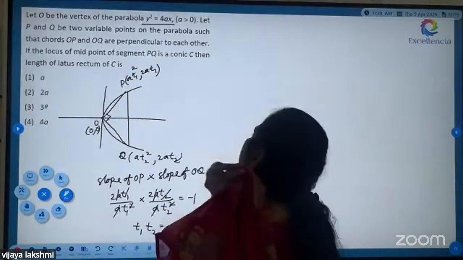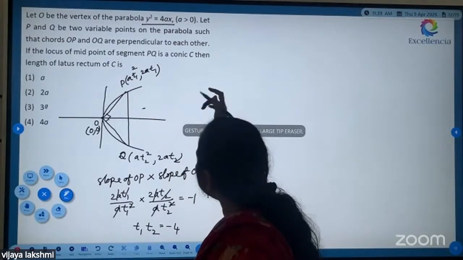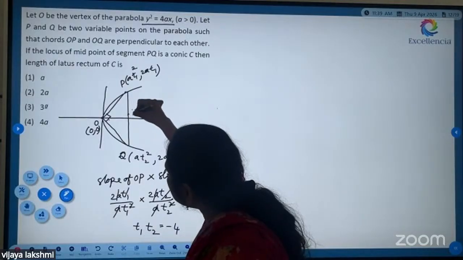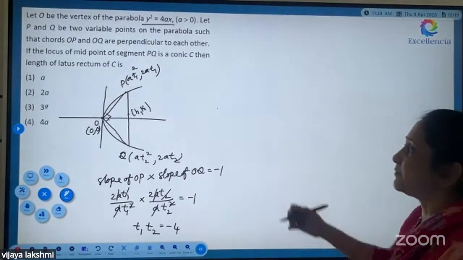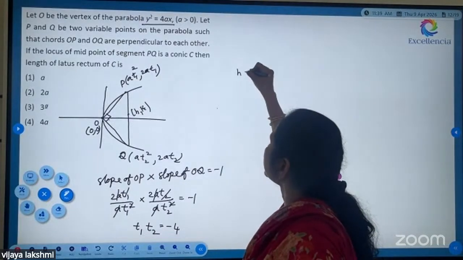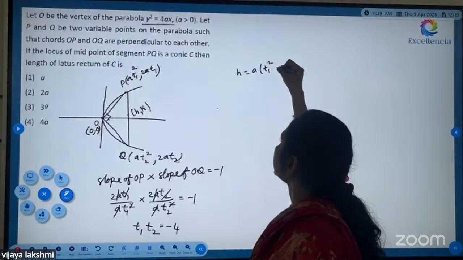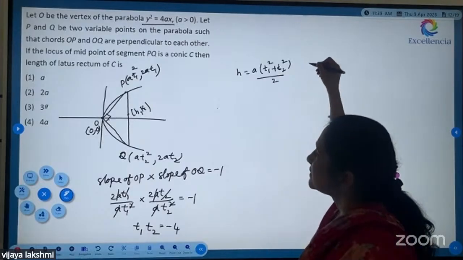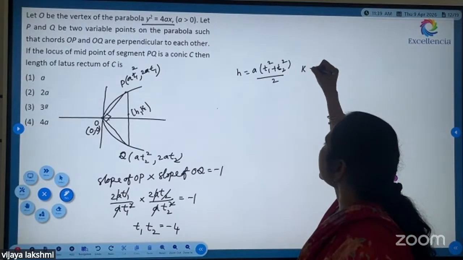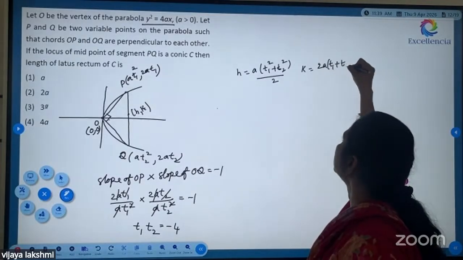The locus of midpoint, that's why we have the midpoint as it. And midpoint concept now we are doing the second one, because the same midpoint was given even in the straight line whatever we did. Then h equal to, and write it midpoint of the line, taking the common a and writing t1 square plus t2 square. Similarly, y coordinate here I'm taking as k, if you take the common t1 plus t2.